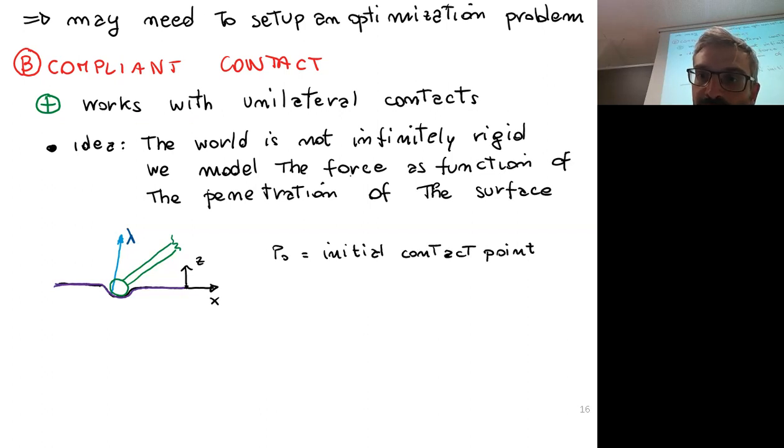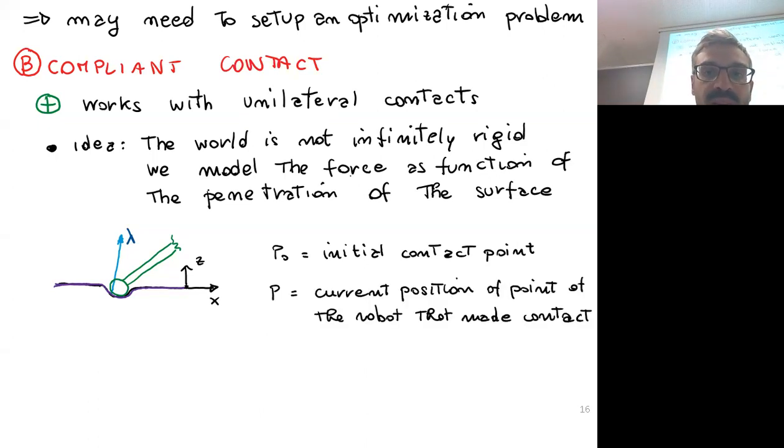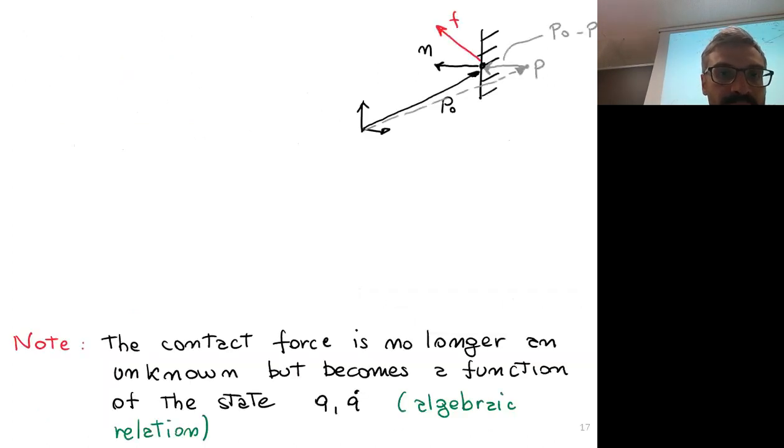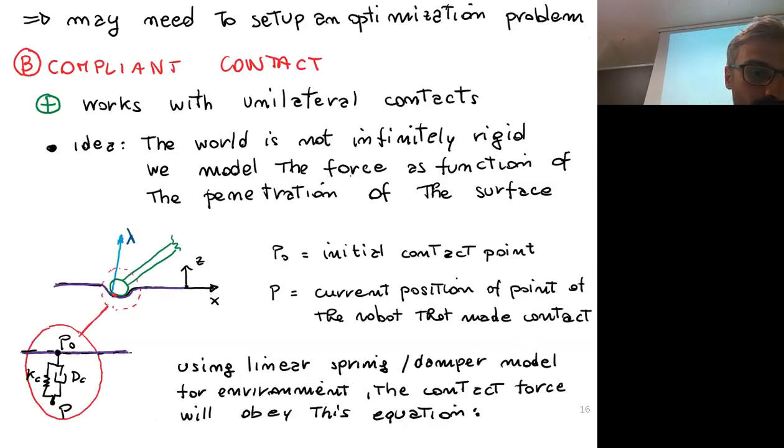So, for example, if we have P0, the initial contact point where the robot initially enters contact with the environment, and P, the current position of a point in contact of the robot, then using a linear spring and damper, we can compute the contact force in this way.